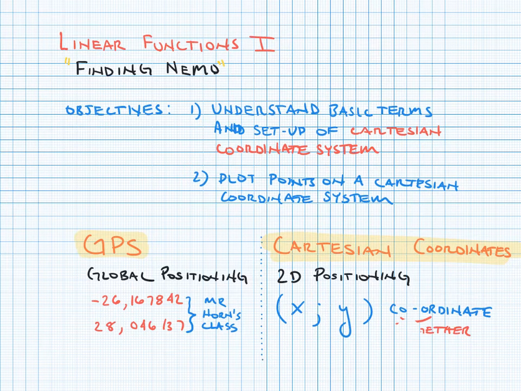And without the information of both the X and Y coordinate, we wouldn't be able to find certain points and to draw these graphs, or eventually to find things on a map. It's important to note that the X coordinate always comes first, followed by the Y coordinate. And we always put the coordinate in brackets, and in this country we separate X and Y by a semicolon.